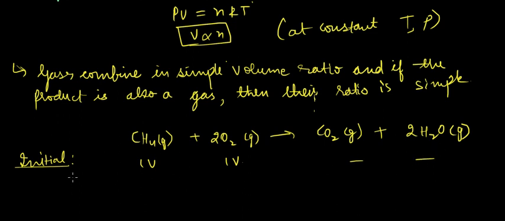V is just any unit of volume, a liter for example. Finally this would be exhausted, and we would have 1 liter of CO2 gas and 2 liter of water.